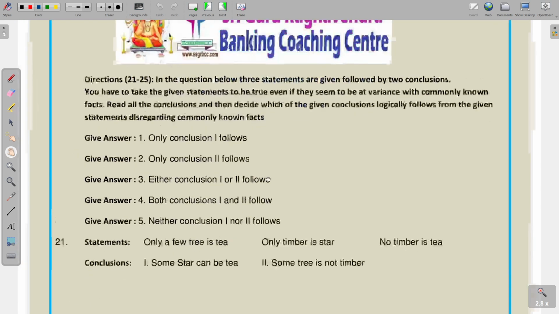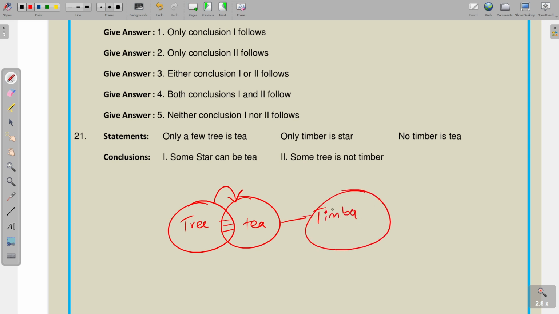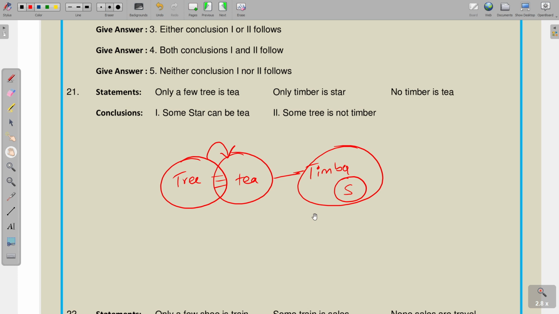Next, syllogism. See the first one: only a few tree is T. Next, only timber is star, which means star is timber, no timber is T. See the first conclusion, some star can be T. Actually star is only related with timber, so the first one does not follow.